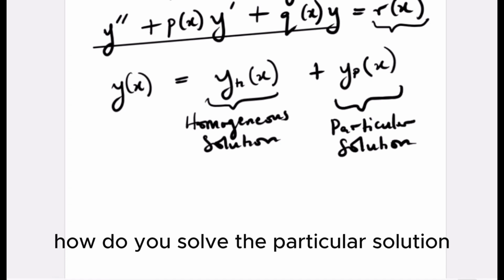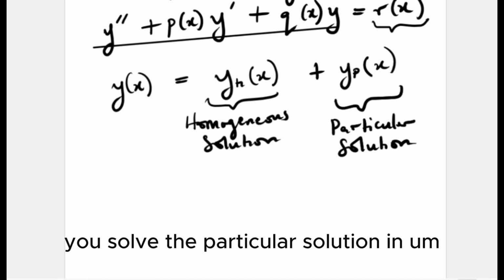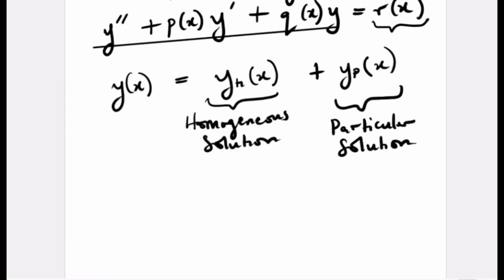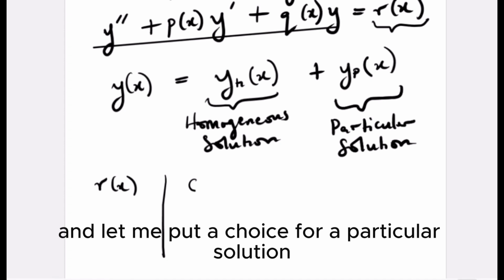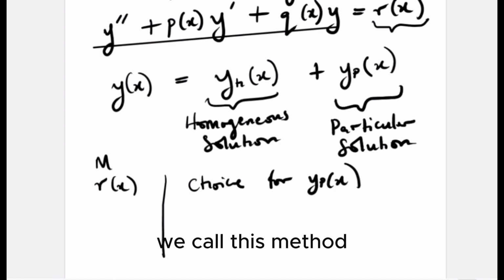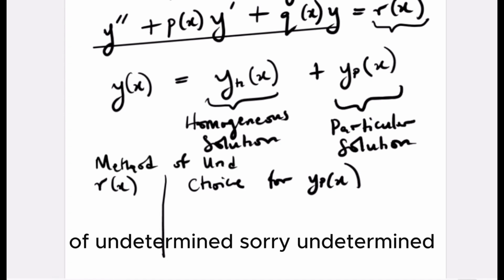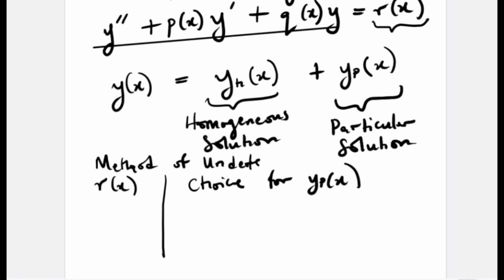And how do you solve the particular solution? You solve the particular solution by the method of undetermined coefficients. So I'm going to give you a table now. If you have R(x), let me put a choice for a particular solution.